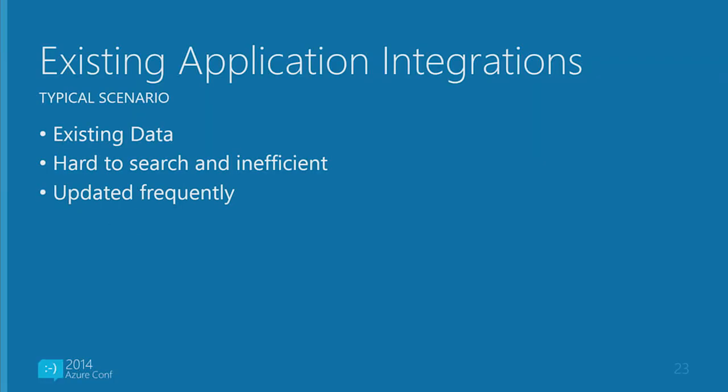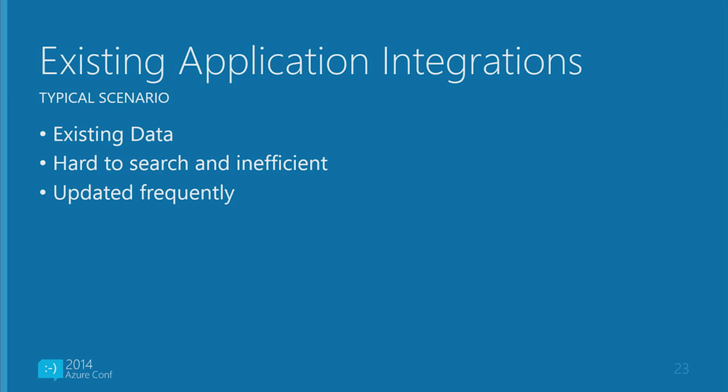The last thing that I would like to talk about is then existing applications and their integrations with Azure Search. It's pretty common that we have existing applications right now, and we want to maybe take advantage of Azure Search. But how can we do that? How can we integrate our applications into Azure Search?